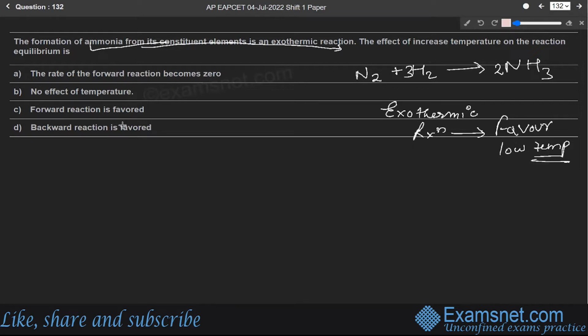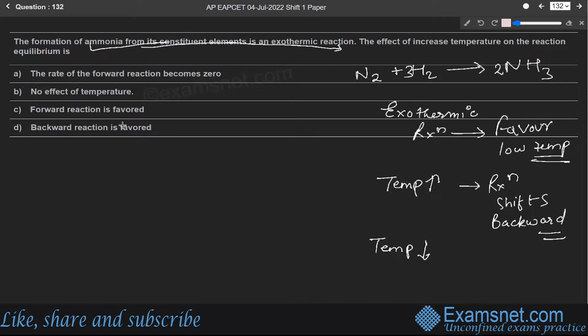What I mean by favors low temperature is that when you increase temperature, the reaction would shift backward. And this is for the next upcoming PYQ, if this is repeated. When you decrease the temperature, the reaction shifts forward.